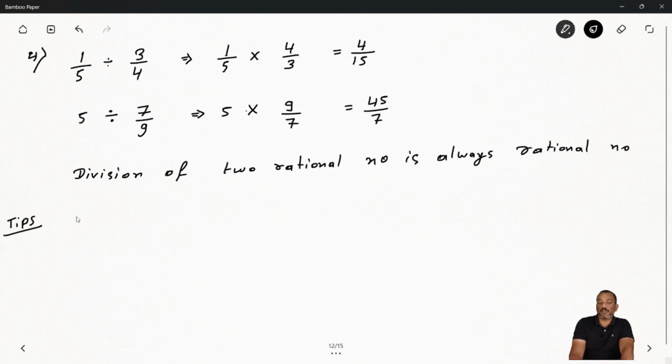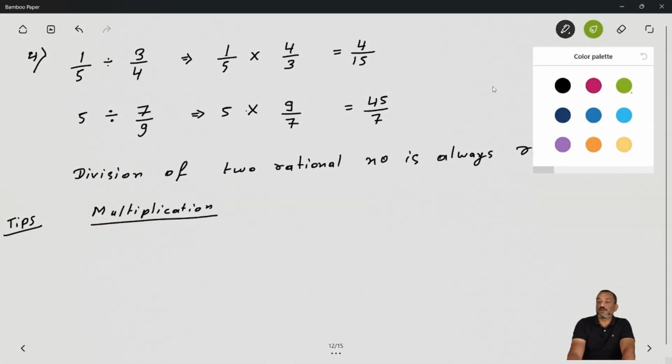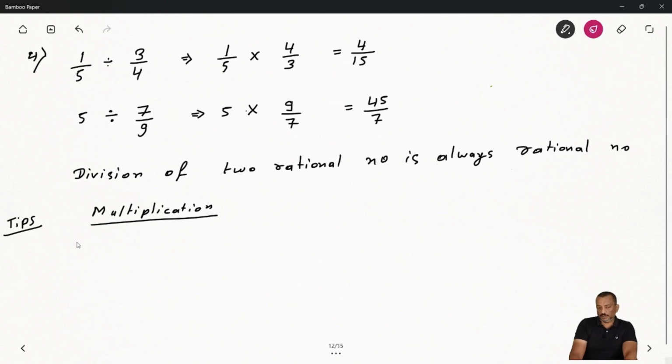In terms of multiplication, if you have a positive integer multiplied with another positive integer or positive rational number, either two positive integers, two positive rational numbers, or a positive integer with a rational number, your result will always be positive.